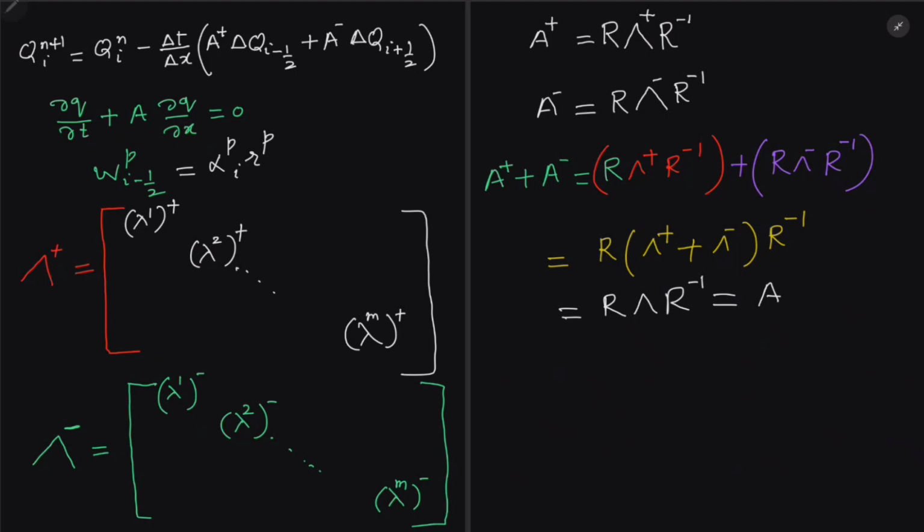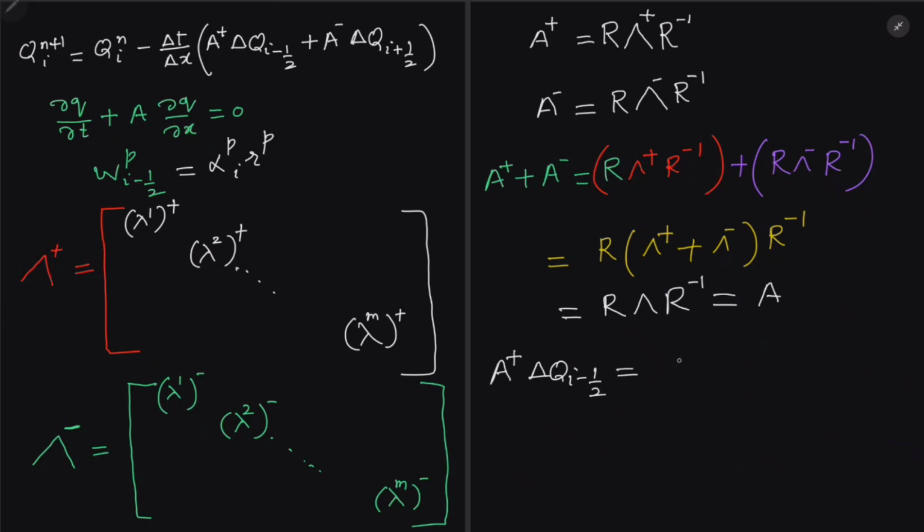Now we can also write this as follows. Suppose we have A plus delta Q i minus 1/2.